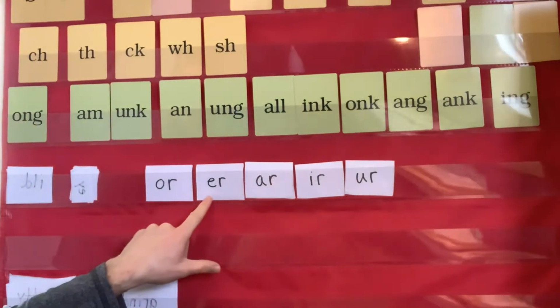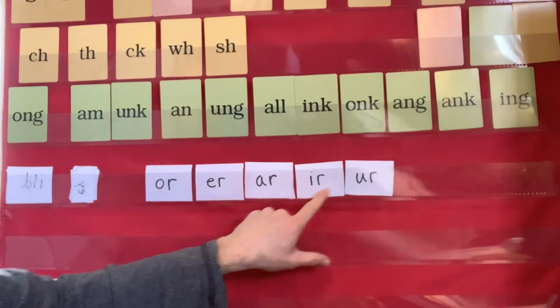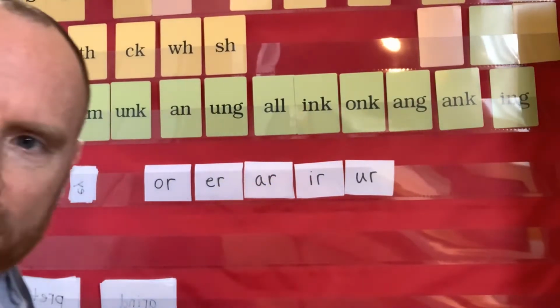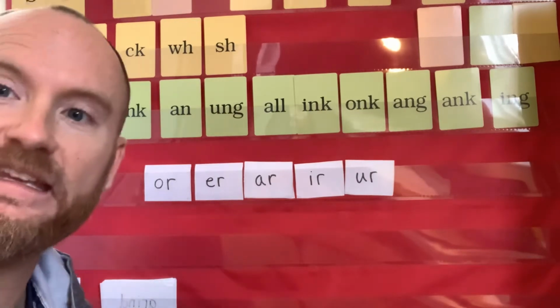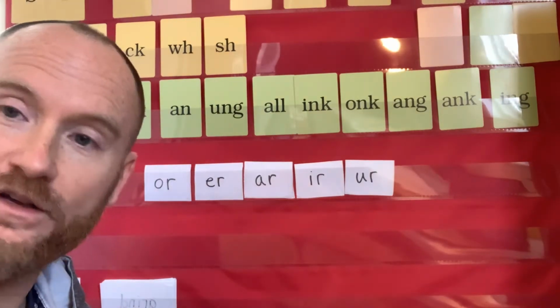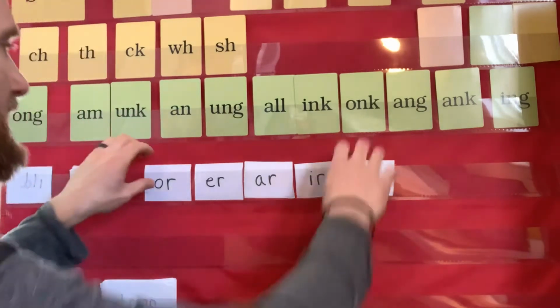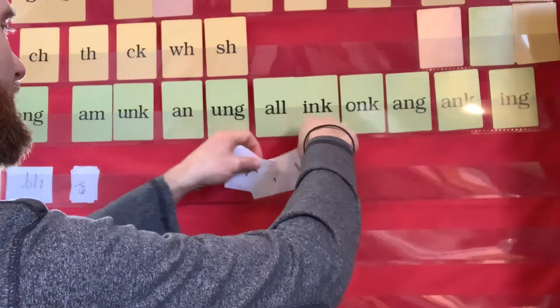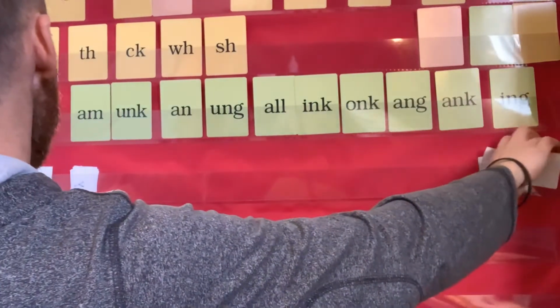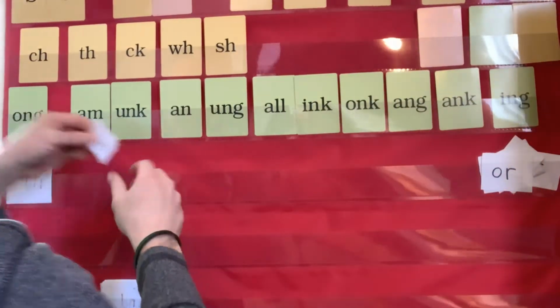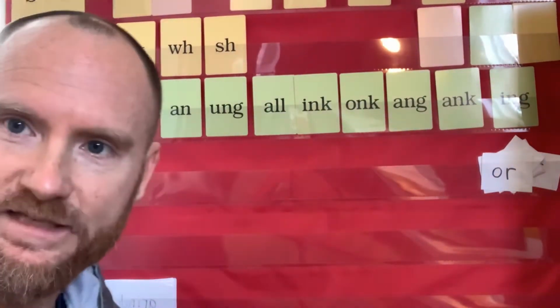That's right. ER, IR, and UR. A lot of times you'll see ER at the end of a word. IR and UR will typically come in the middle of a word. Okay, so that's our R-controlled vowels. Good job, guys.